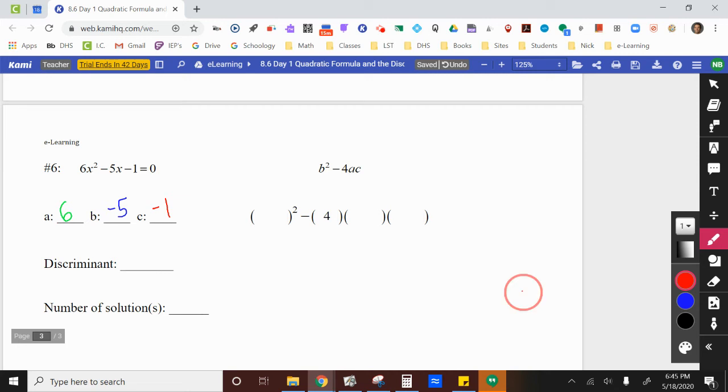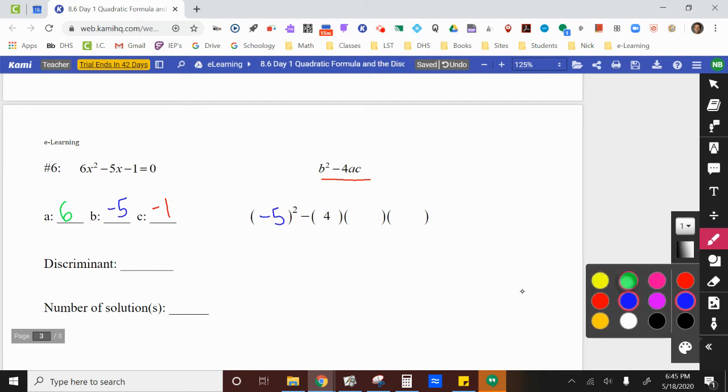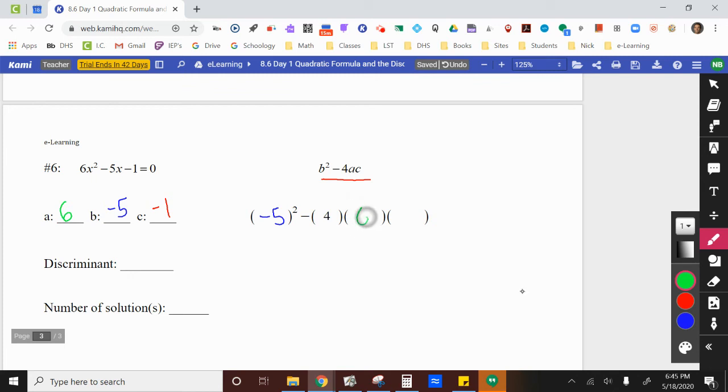After you identify your a, b, and c, now we're going to find the discriminant, this b squared minus 4ac. So my b value goes here, which is negative 5 squared, minus 4 times a times c.